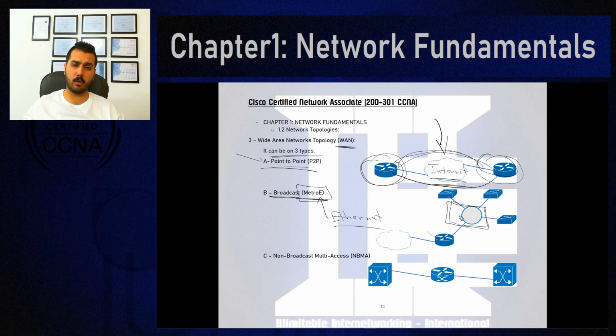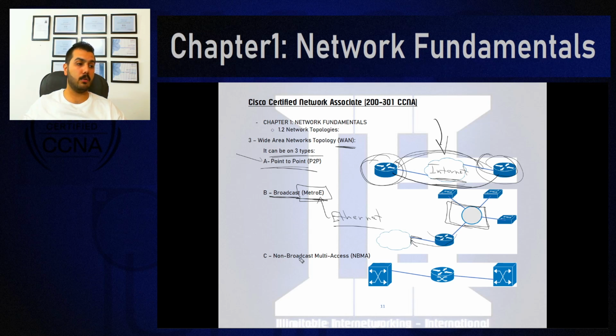And by the term broadcast, I mean that there is a shared medium between these companies that allows them to connect directly together before even connecting to the cloud or to the internet. That also depends on how close these networks are to each other and how they can connect themselves together.